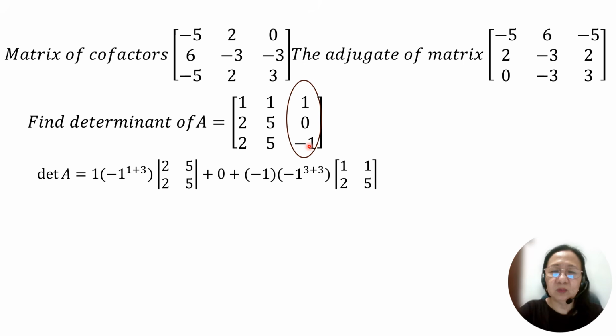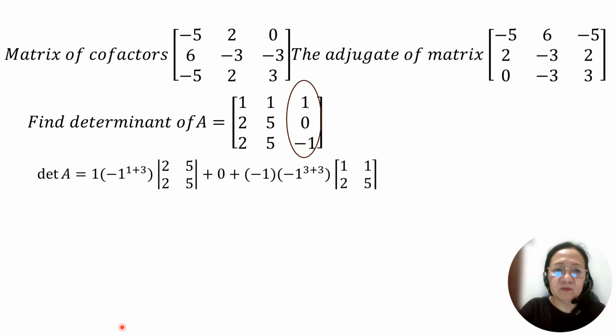What is left is the matrix 2, 5, 2, 5. And then plus 0, plus the next number, negative 1. Let us copy negative 1. What will be the sign? Negative 1 is raised to the position of negative 1, which is located in the third row and third column. So 3 plus 3. Slash the row and column where negative 1 is located. What is left here is 1, 1, 2, 5.